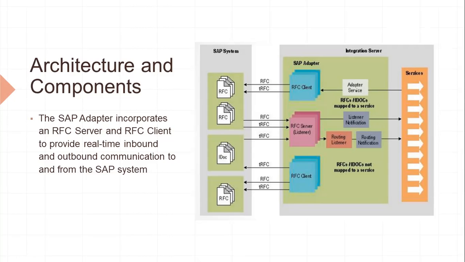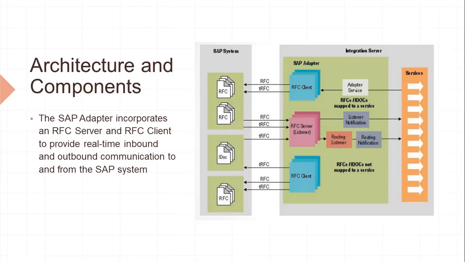This notification indicates what service the SAP adapter should execute. Let's say you are receiving some IDOC from the SAP system or some remote function call, we execute that, get the data from SAP, and then send the data to the target.